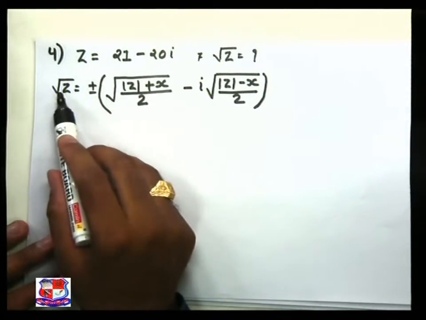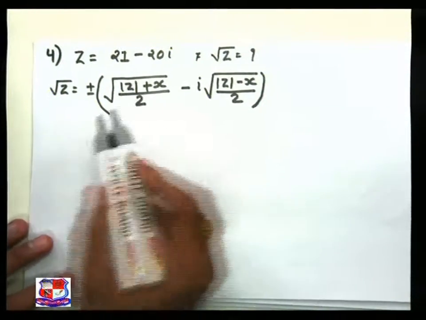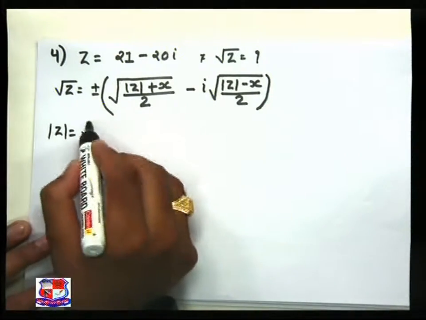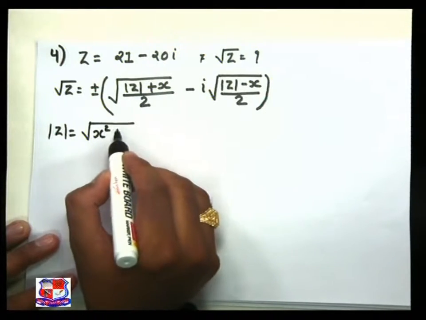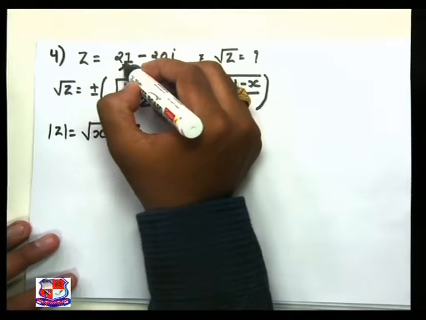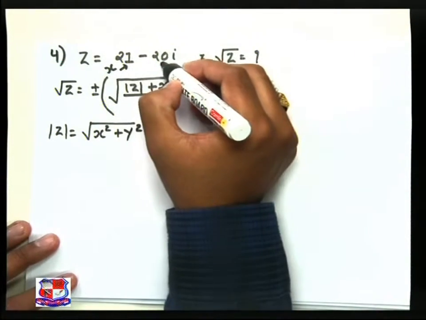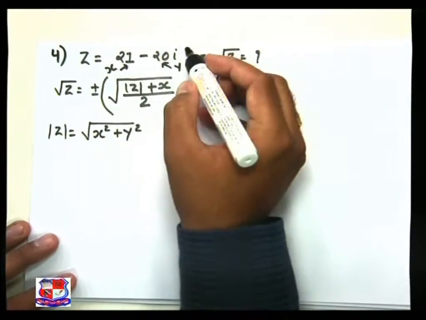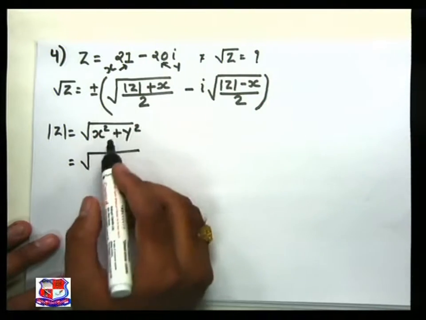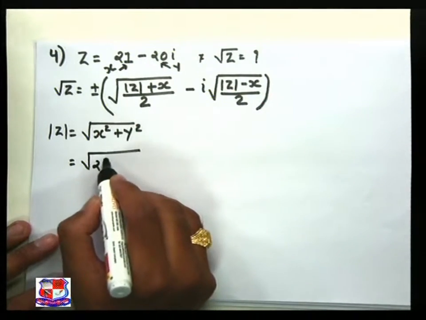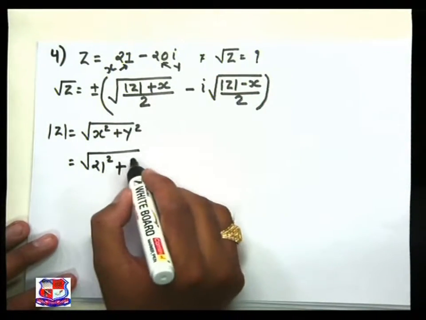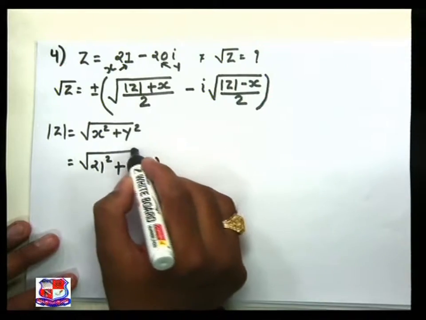Now for the square root equation we want to find out mod of z. So mod of z is equal to, again write same, under root of x square plus y square, here 21, that is x, here 20, that is y. So replace here under root of x square, that is nothing but 21 square, plus sign as it is, y square, that is minus 20 square.